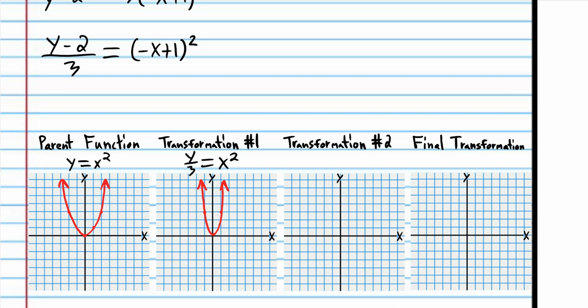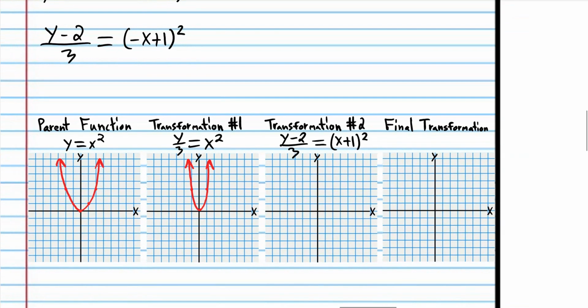So then we're going to translate. We're going to subtract 2 from y, or we're going to replace y with y minus 2, and we're going to replace x with x plus 1. So that's going to move the curve 1 unit to the left and 2 units up.